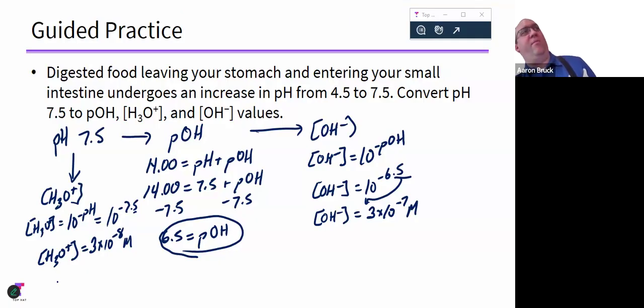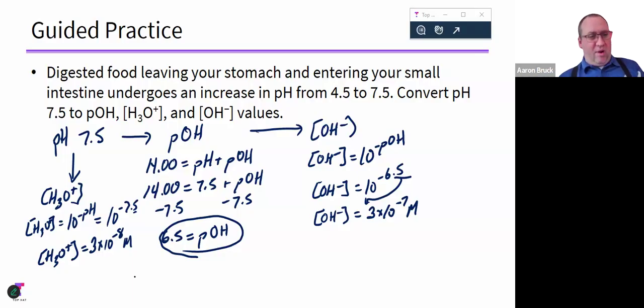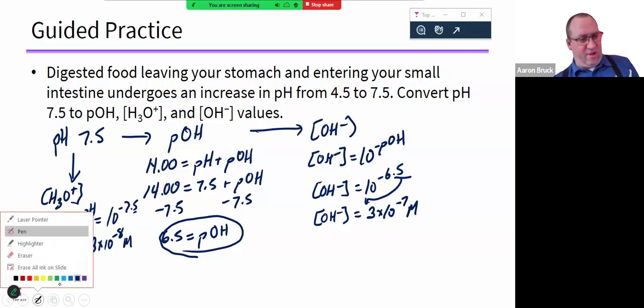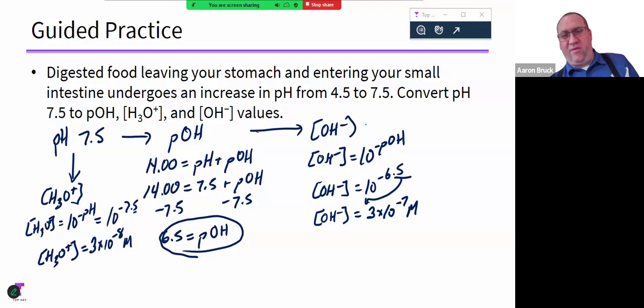So this is the way I would approach this problem. Now, there's one other calculation that you could have done. You could have gone from hydroxide to hydronium using Kw.